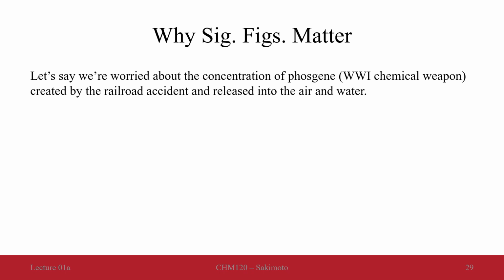And this compound, quite by accident, was released during this railroad incident. It was actually sort of created as part of a first responder set of steps. We'll talk more about this in a little bit. But the residents and people of Ohio were concerned about how much phosgene, a very toxic chemical, was released into the air and water.